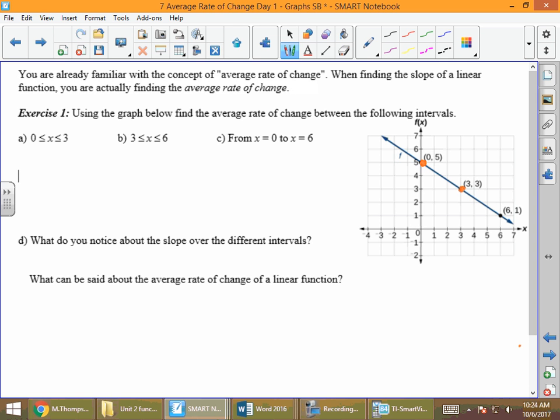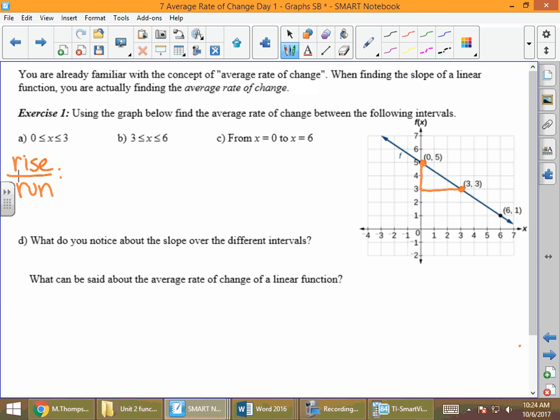And what we can do on this problem is use the idea of rise over run to find our slope. When we do that, we draw a triangle. We're going to count.